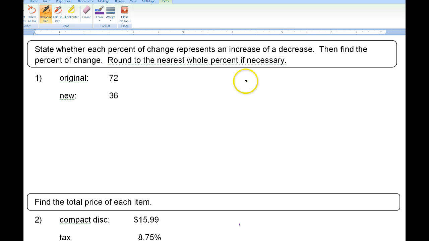It was the difference of the new and the original. Right, so that would be 72 minus 36 over the original. What was the original? 72. Equals, and then that's the percent, that's what we're looking for.